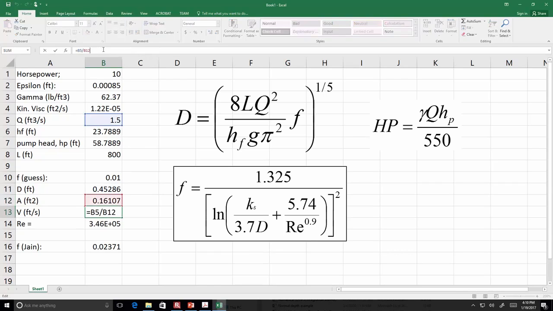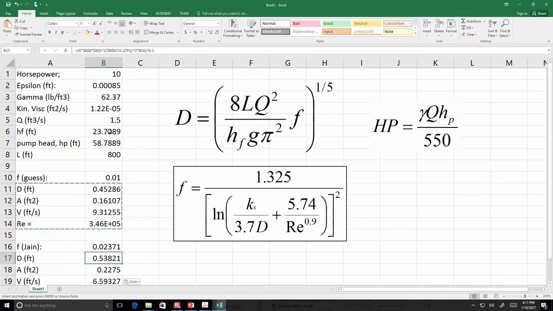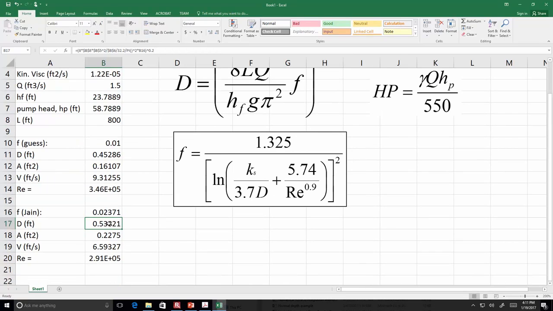The velocity, I want to always look at the flow rate. So I'm going to anchor that. And anchor the reference to kinematic viscosity. Okay, so I can copy all of these, Control C, and paste them with Control V, and then it's looking at the new F value to calculate an updated diameter.